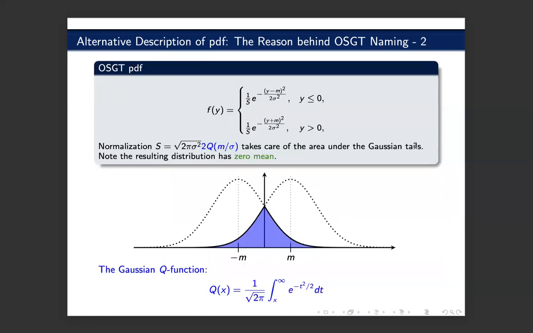It is essentially, this is the Gaussian at mean minus m, and this is the Gaussian at mean m. These are not part of the distribution, so that's why I have shown them with dashes. But you take the tails of these 2 distributions, and the normalization takes care of the area under it, which is this. I really like working with the Q function.